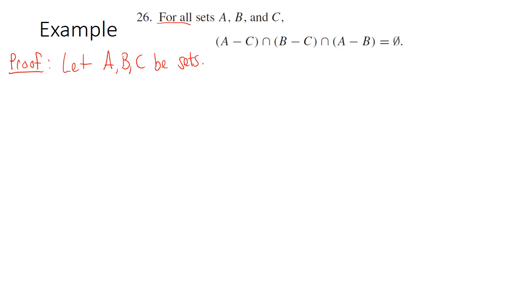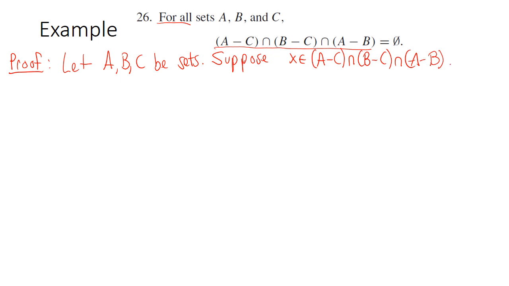Okay, and then I'm going to try to show that this set right here is empty. So the way to do that, I'm going to suppose, or assume, or let x be an element of A minus C intersect B minus C intersect A minus B. And then I'm going to try to show that that leads to a contradiction.